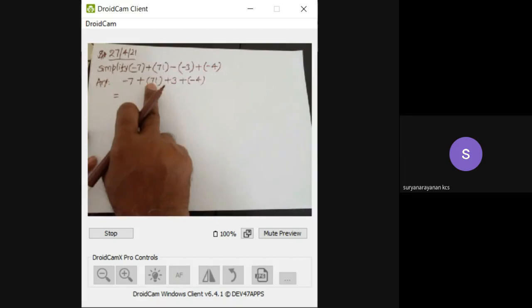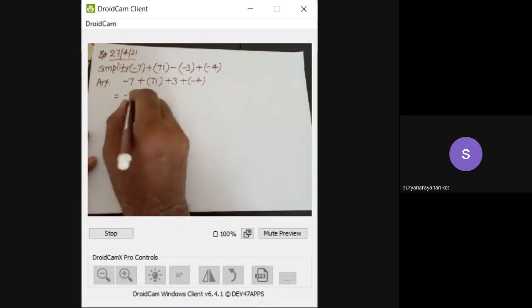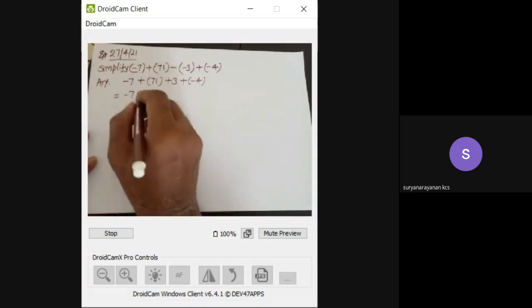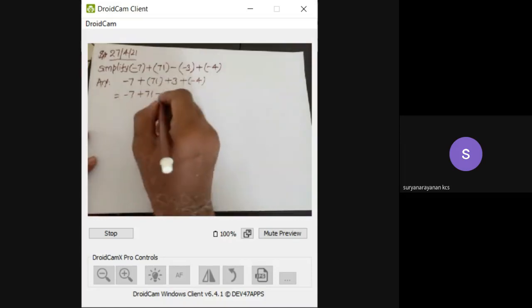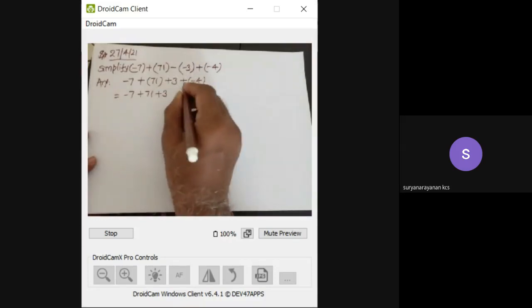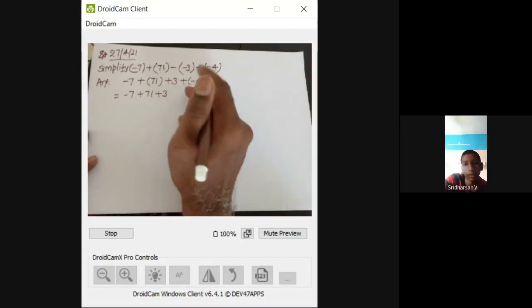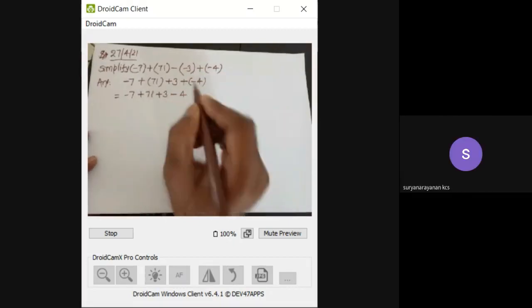Brackets means into. Keep this point in your mind when you are removing the brackets. Brackets are considered as into. So minus 7. What do you get here? Plus 71. Okay. Plus 3. Plus into minus here, minus 4.